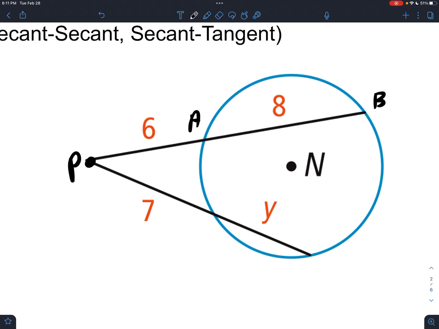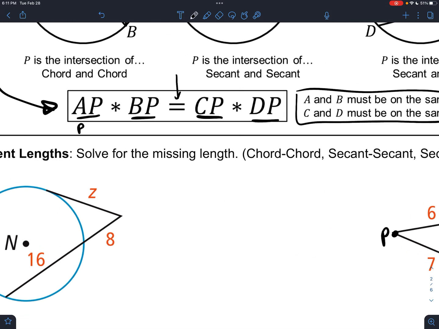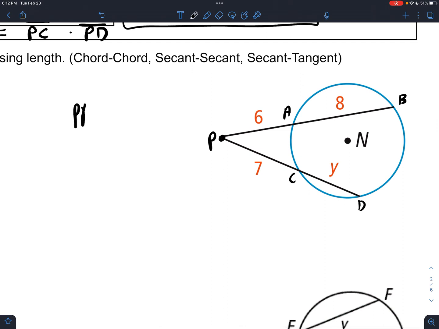A goes here, and B goes here. So on this line it always has to be A and B, and on this one we have C and D. I also sometimes flip it, so I want to be consistent and use the one that I like the most. I'm going to reverse all the letters for no reason, just because it's easier for me to say PA, PB, PC, PD than the other one. But it's the exact same thing.